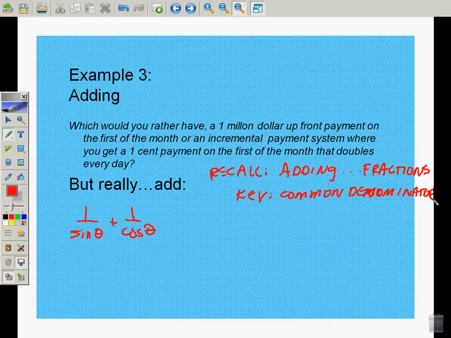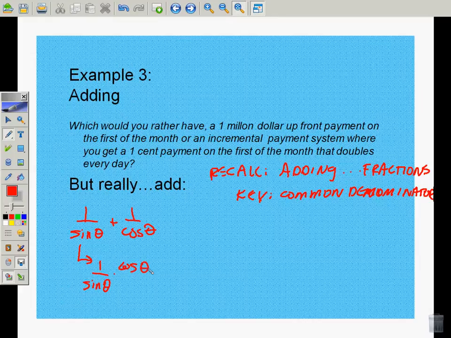Let's check this out. Remember, to find the common denominator, I'm just going to take a product of both denominators. So what I'm going to do here is I'm going to say this is 1 over sine theta times cosine theta over cosine theta, because remember that's really just 1, so I'm multiplying by 1.